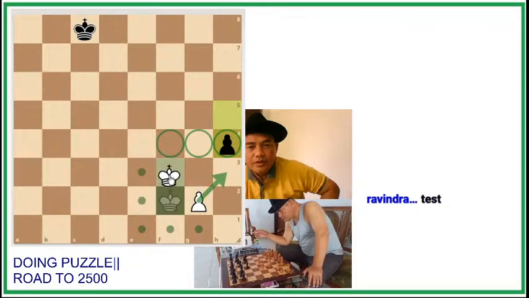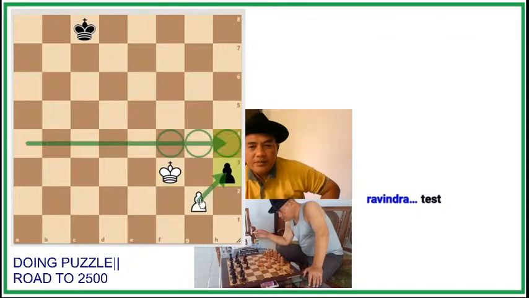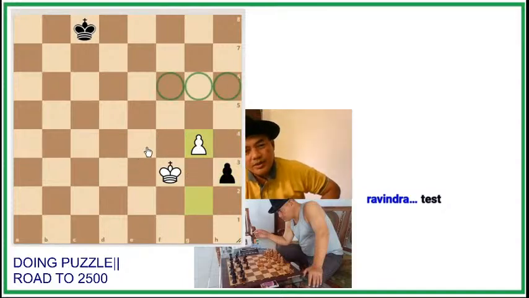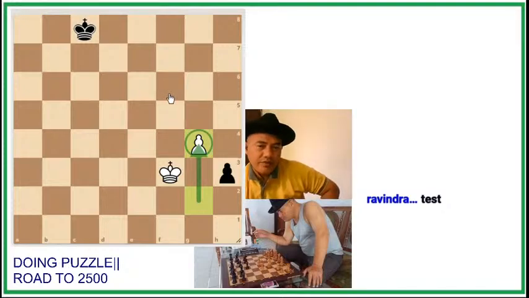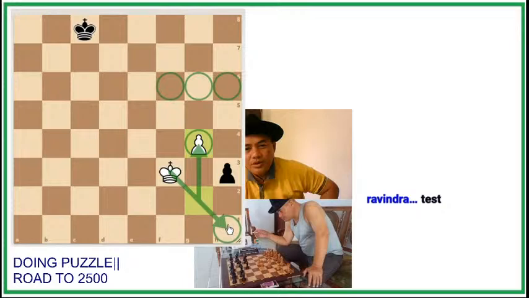And what about white moving his pawn two squares? If white moves his pawn two squares, then as we have learned before, the key square becomes closer to the black king, and later black can distract the white king to go here to take this pawn, and then the key square will be closer to the black king than to the white king.